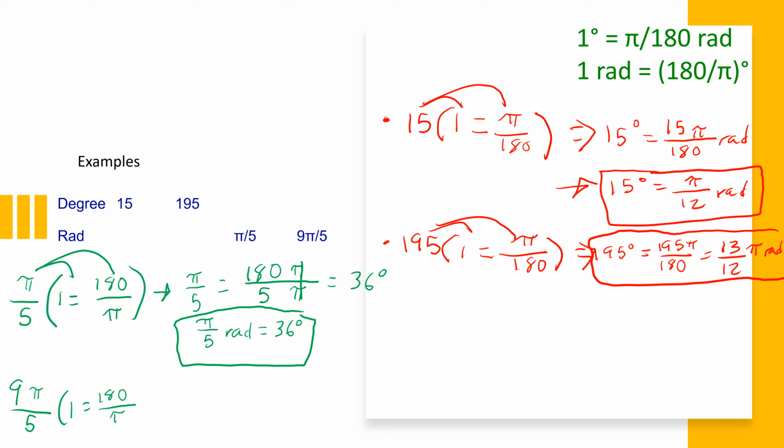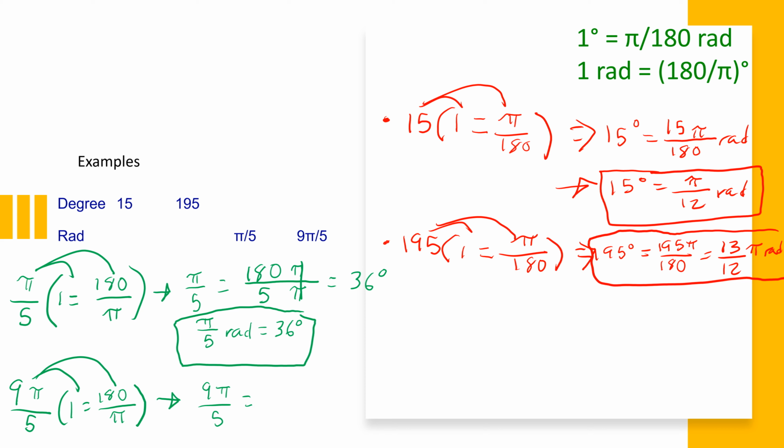Now, I typically leave the units out for the most part, just because it gives me a little bit more room to work, and then I make sure to add the units at the end. So again, I'm going to distribute my 9 pi over 5.